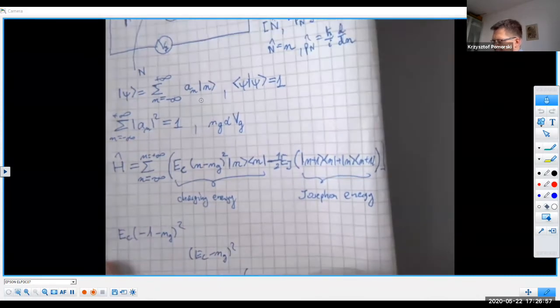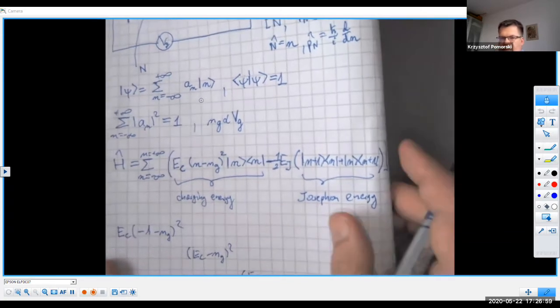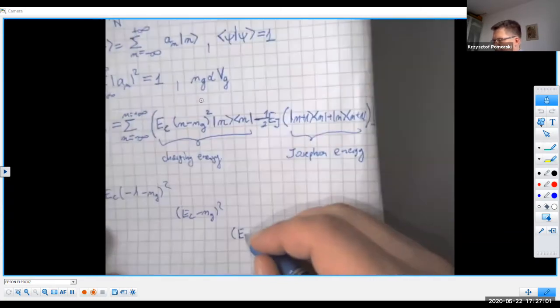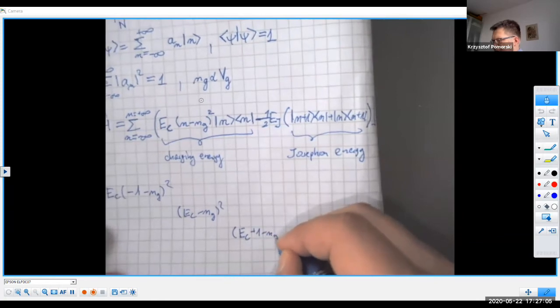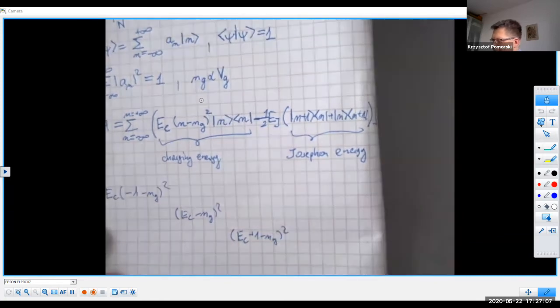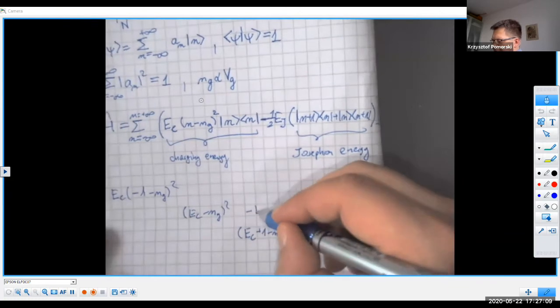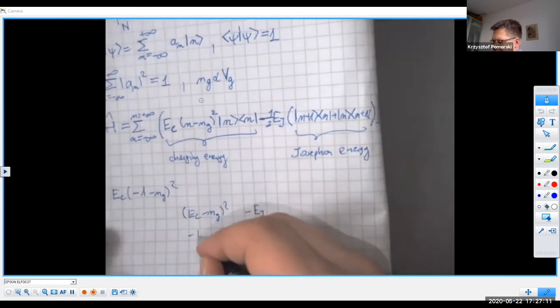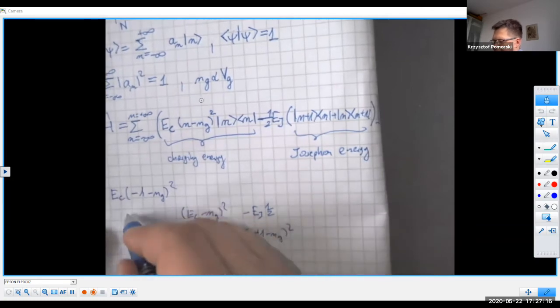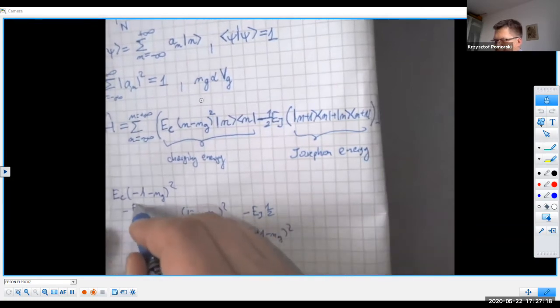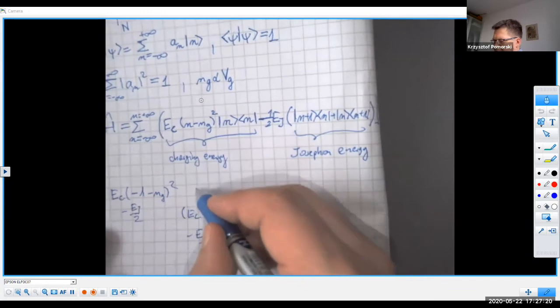And then obviously we have this term that is going to be here, and then we have this Josephson interaction term, EJ over 2, and again we have here and from here.